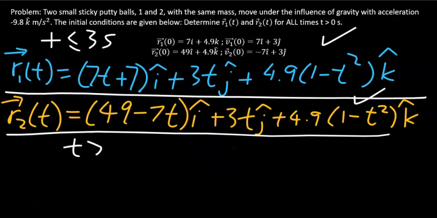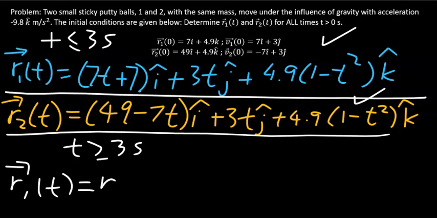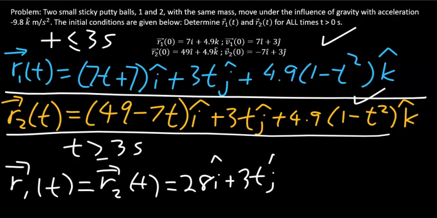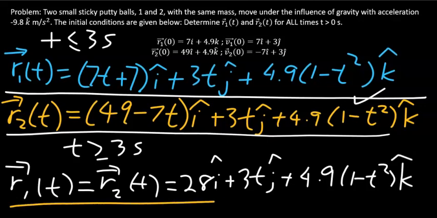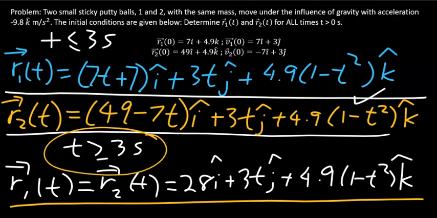So for t greater than or equal to 3 seconds, r1 equals r2, and that is 28 i hat plus 3t j hat plus 4.9 (1 minus t squared) k hat. So that is the expression for the position vectors of these two balls for t greater than or equal to 3 seconds. And that solves the problem.